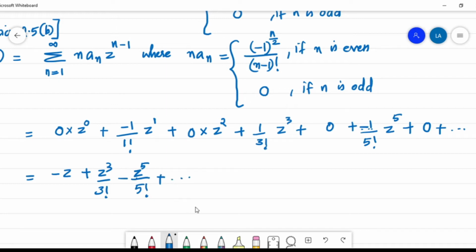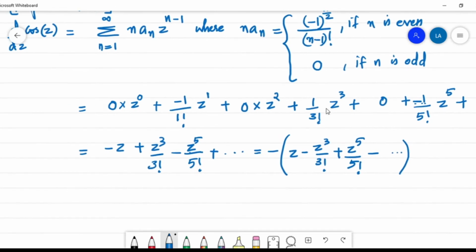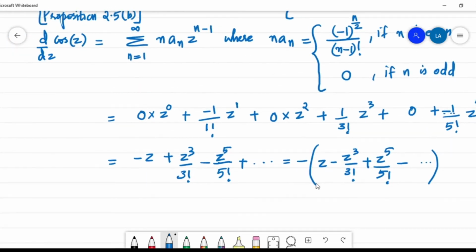And that is equal to, taking the minus sign out, z minus z cube by 3 factorial plus z raised to 5 by 5 factorial minus etc. Okay. When we check it out, that is nothing but minus sine z, which we had defined earlier.